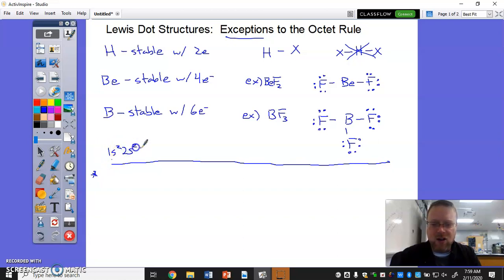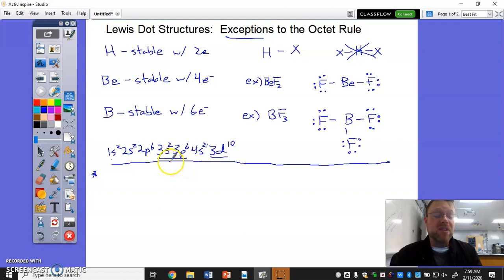The second energy level, 2s2, 2p6, has 8 electrons. And when you get to the 3rd energy level, 3s2, 3p6, there is another part of the 3rd energy level that contains d electrons. And so you've got more than just 8 electrons in the 3rd energy level.